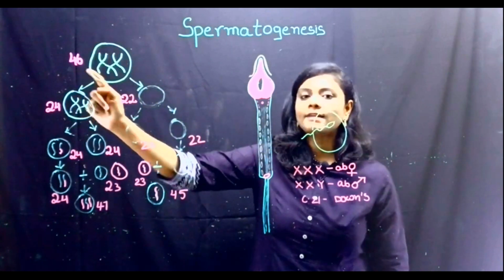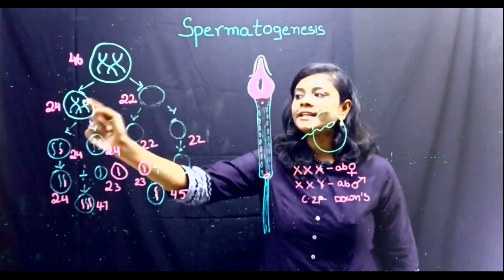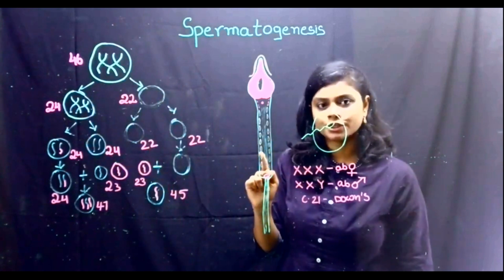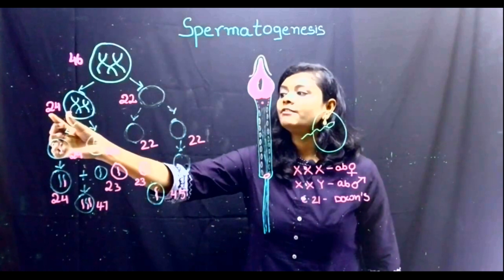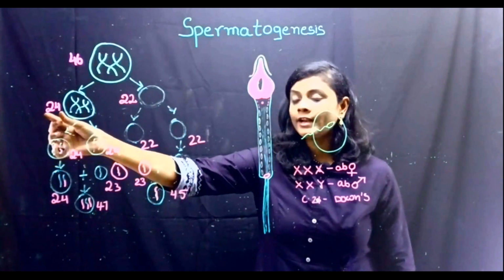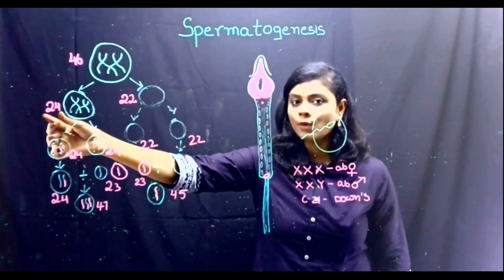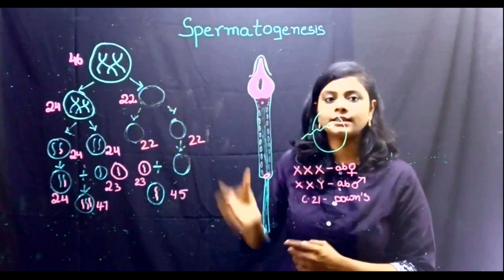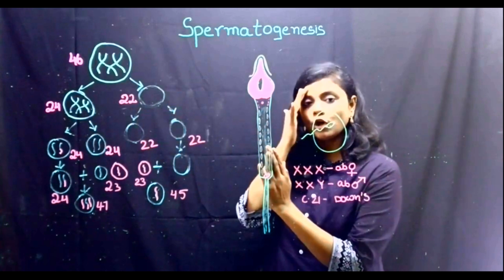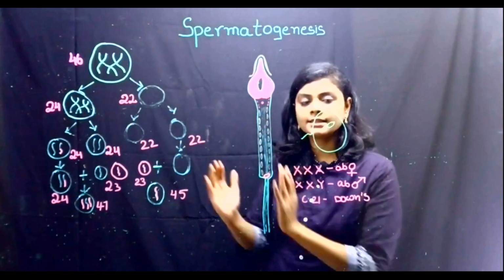So 46 divided by 2 will be 23 and 23 in a healthy division. But in abnormal meiotic divisions, there will be one extra chromosome going into one daughter cell and one deficient chromosome in the other daughter cell. So there is abnormal meiotic division happening in this condition.